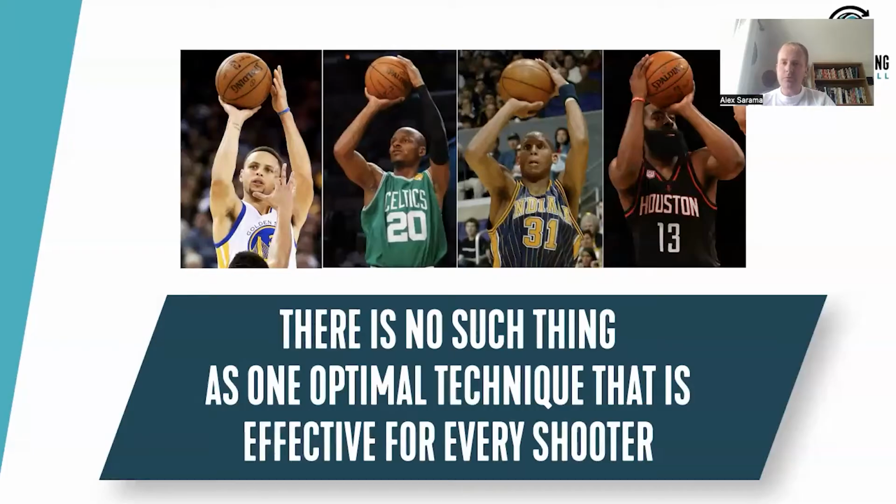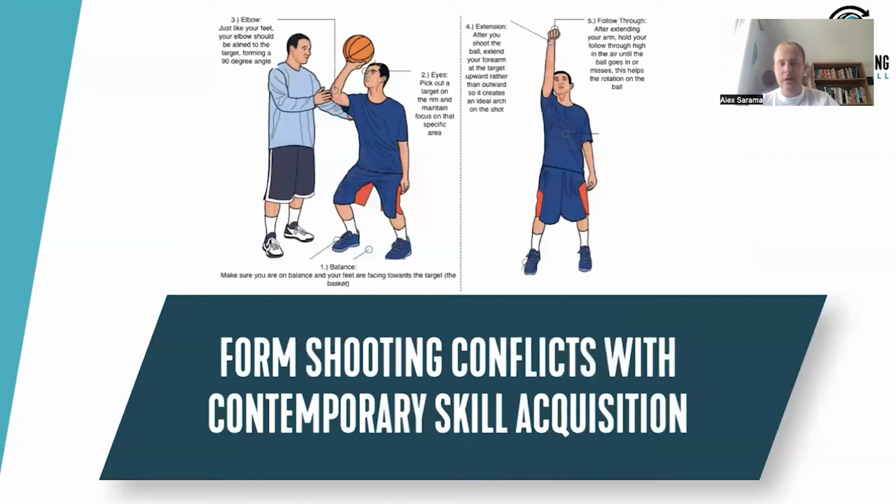And as coaches, we got to appreciate we don't know what it feels like to be inside a player's body. So, many times when we try and give players these specific techniques, we're actually going against the natural self-organizational tendencies of that specific player.